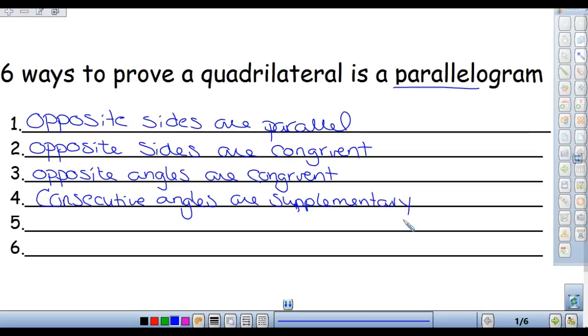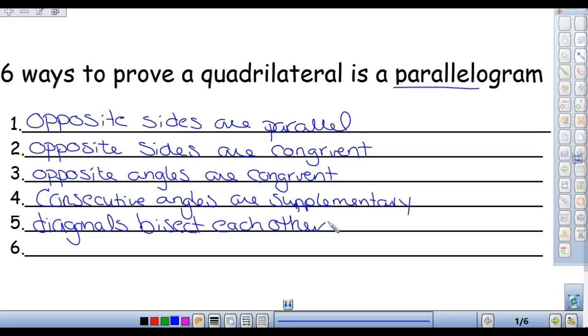What else? Yep, if my diagonals bisect each other, I know I have a parallelogram.